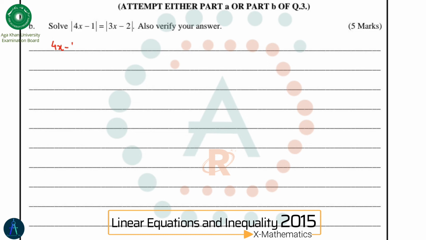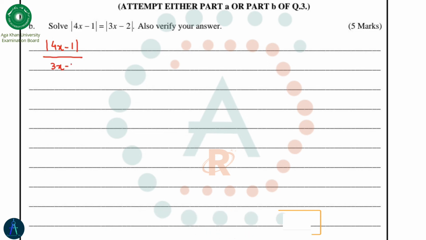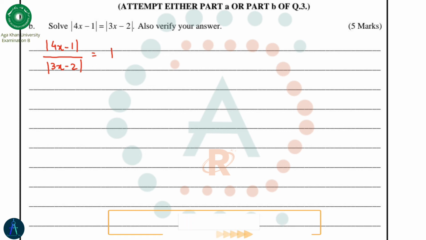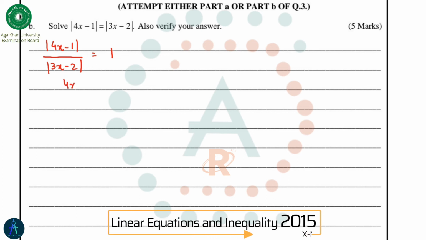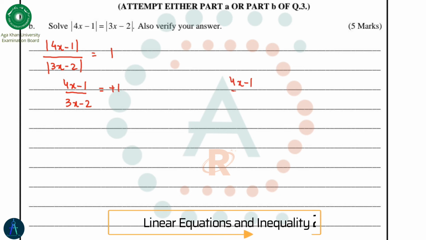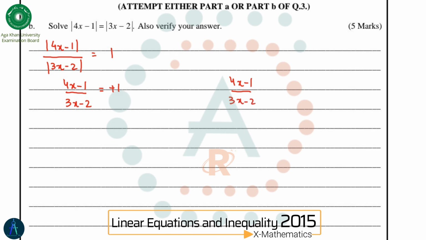So |4x minus 1| divided by |3x minus 2| equals to 1. सो सिंप्लीफाई करेंगे, सॉल्व करेंगे इसे, तो हमारे पास एक बार +1 और एक बार -1 में डिज़ोल्व हो जाएगा ये मॉड्यूलस इक्वेशन. सो 4x minus 1 divided by 3x minus 2 is equal to +1, and 4x minus 1 divided by 3x minus 2 equals to minus 1.